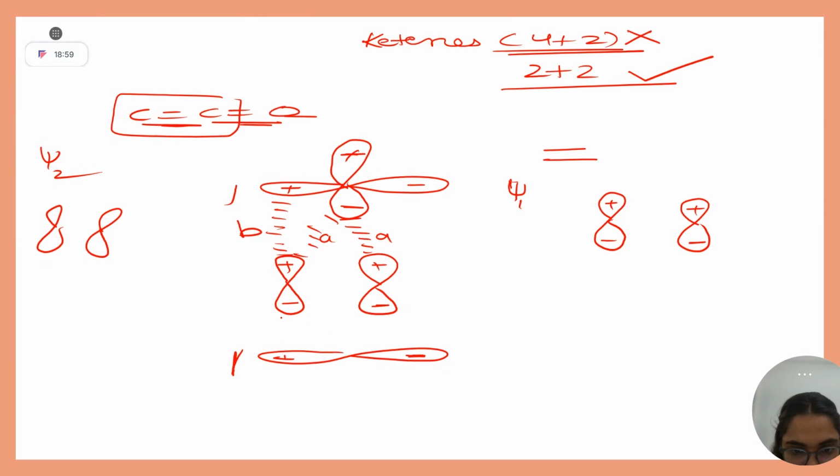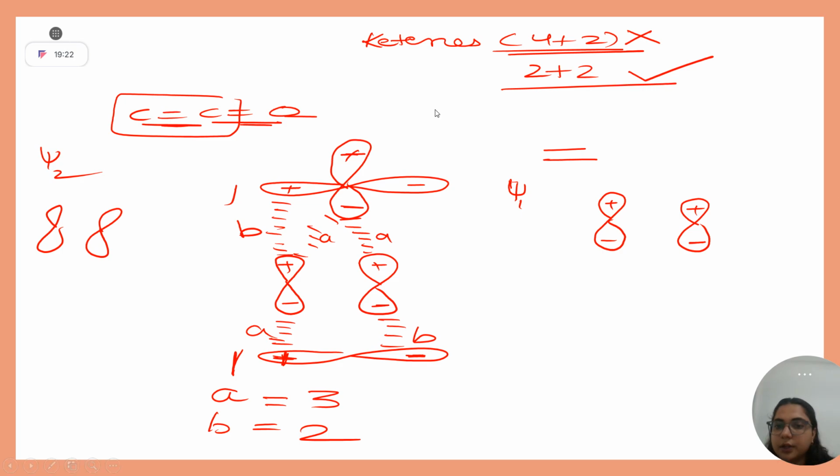And here, this is your positive. This is your bonding. Now tell me the total number of anti-bonding and bonding interactions. Three anti-bonding and two bonding. Now let's check here.